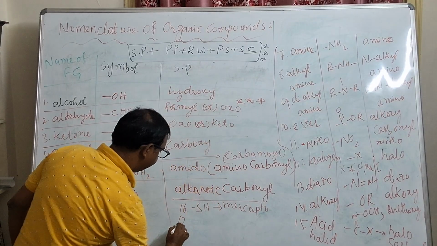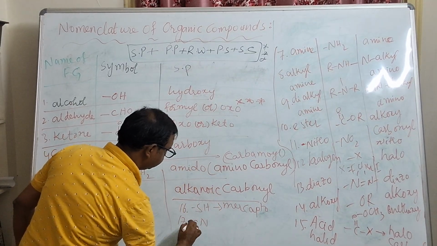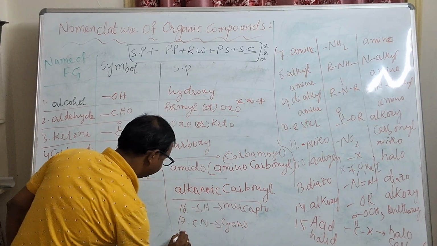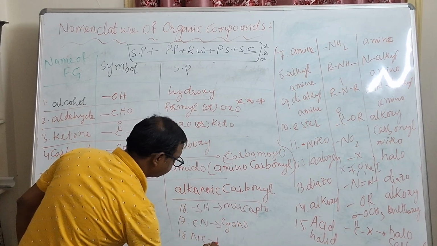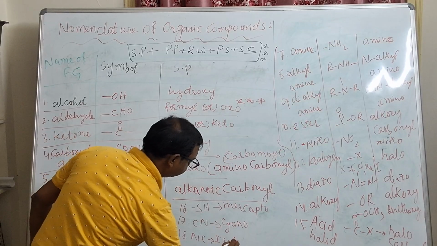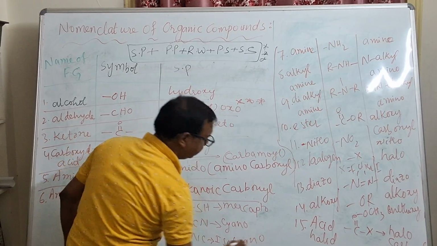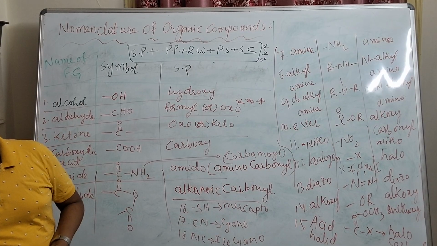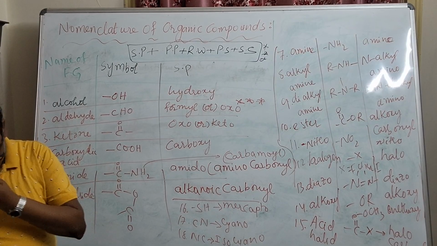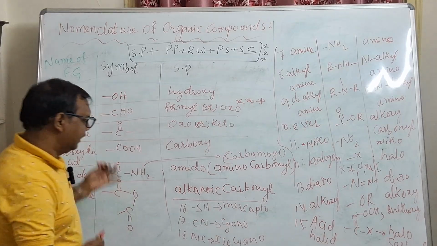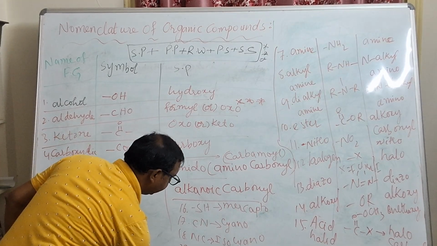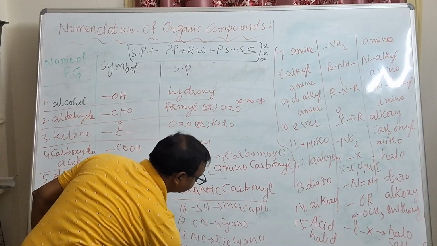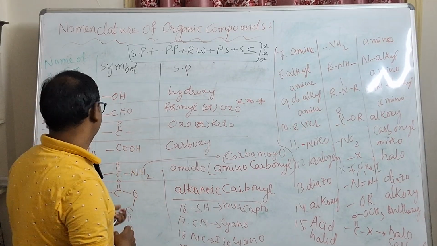And 17th, CN, cyano. 18th, NC, isocyano. You have to keep that in mind. Next, nitroso, 19th, NO, nitroso. NO means nitroso. You have to keep that in mind.